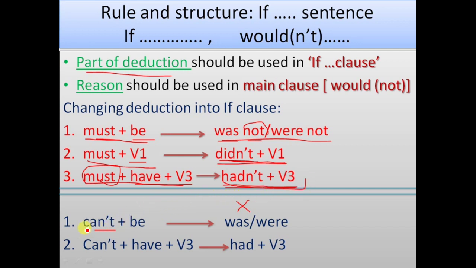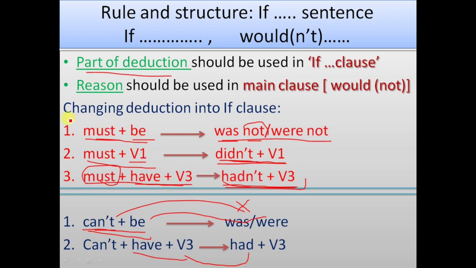Similarly, if there is can't plus be, my friend, the sentence is negative, therefore it is not necessary to use negative marker in if clause, or if it is negative we have to make it positive. So it is not necessary to use negative marker not. So can't be should be changed into was or were, and can't have plus V3 should be changed into had plus V3.